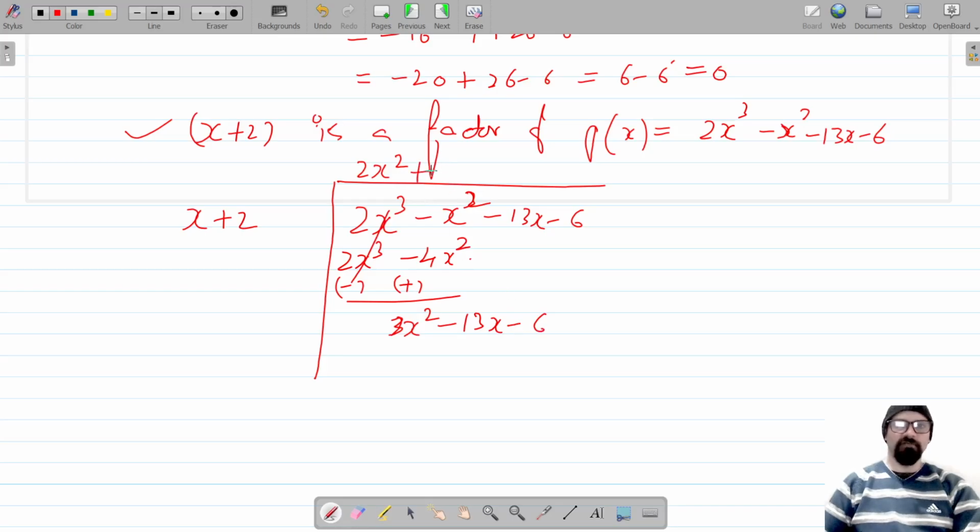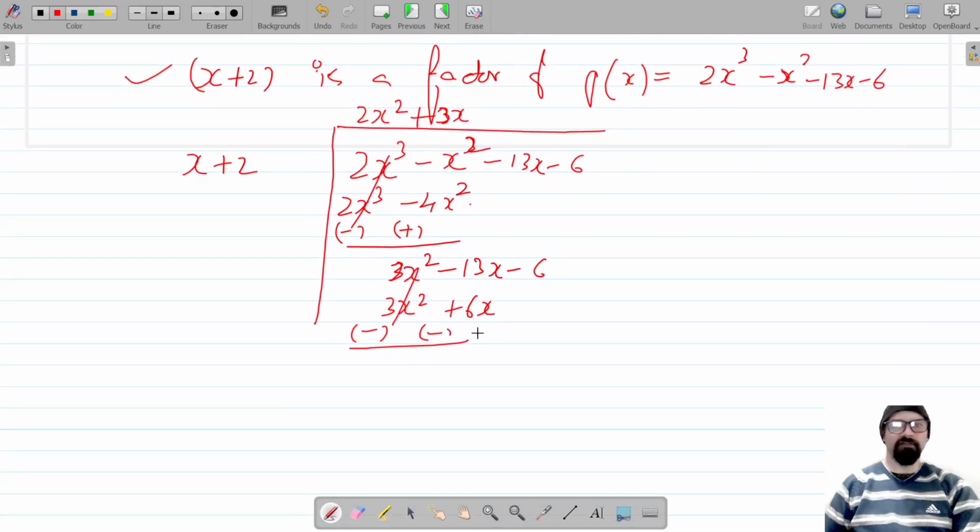We get 3 when you multiply this with 3x. So this is now 3x squared plus 6x.